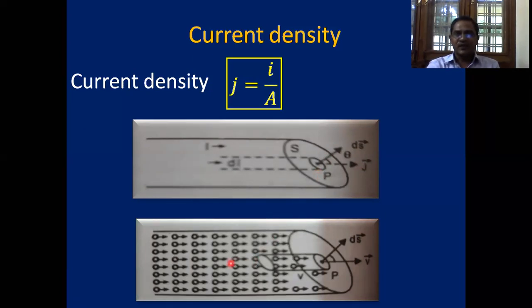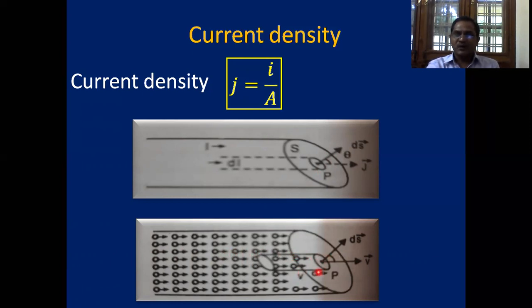In the second figure you observe that these are the charge carriers. Generally, the conventional current direction is taken as the direction of flow of positive charge. Here the positive charge carriers are moving in this direction.